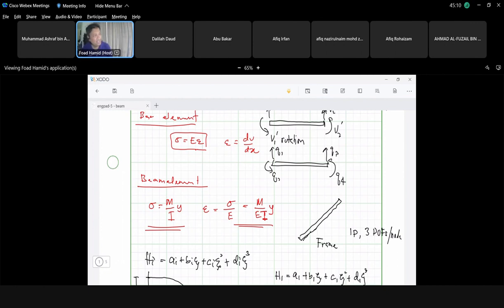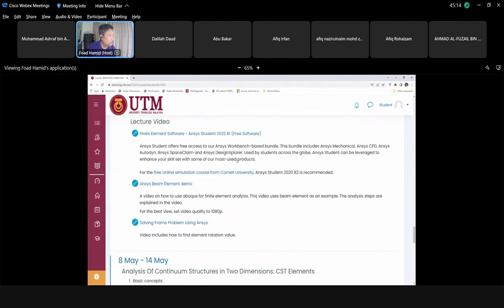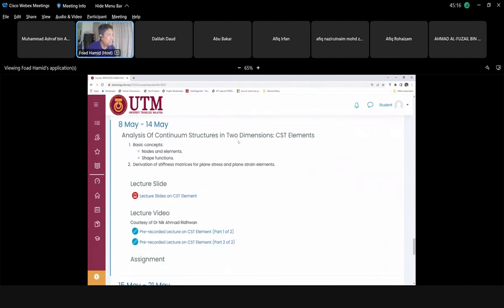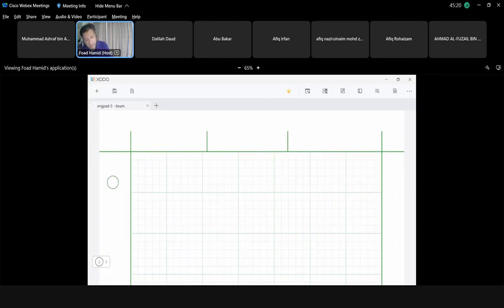Now the next thing is this one, which is our CST element. So what is CST? What is CST? CST stands for constant strain triangle.